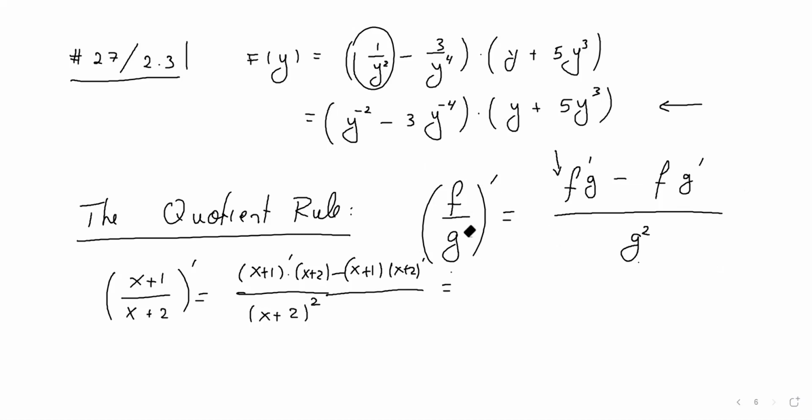There would be situations when you cannot avoid it. But if you look at the formula the way it is here, it would be a miracle to apply the quotient rule to something like x plus 1 over x plus 2 and get something significantly simpler. So that's not going to be the case.